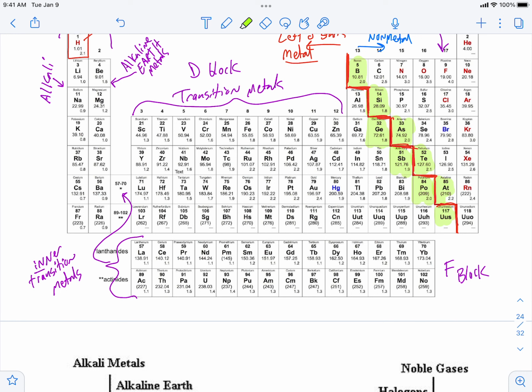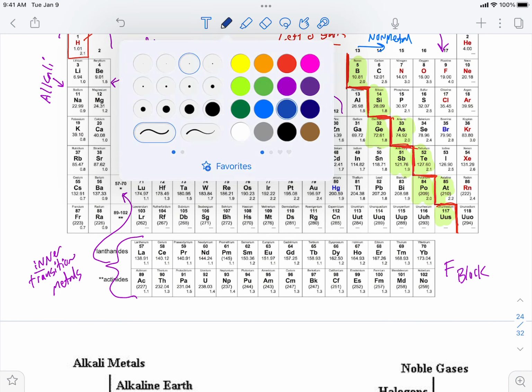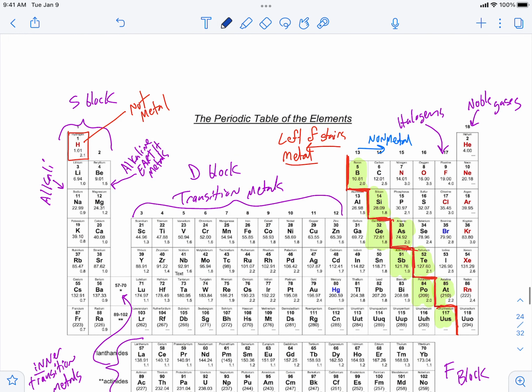These guys are what we call semi-metals. Sometimes they're called metalloids, if you're British. So the semi-metals have some properties of both metals and nonmetals, so they're in between.